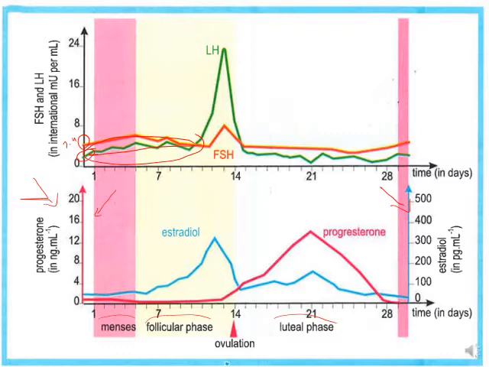Around ovulation, there is an increase in both levels, LH and FSH. So we have here around ovulation a peak for both LH and FSH. While after ovulation, after day 14 during the luteal phase, the levels of LH and FSH decrease respectively. Okay, so here we have to know this.